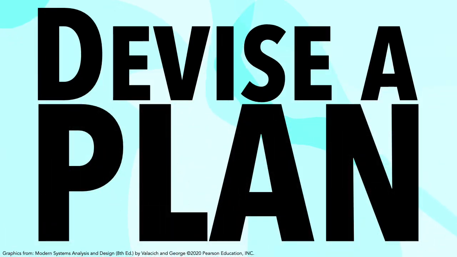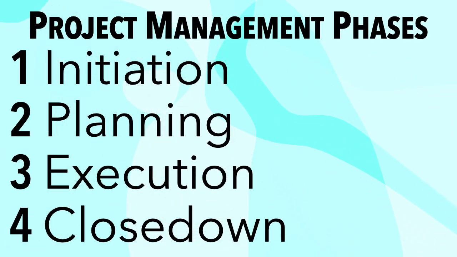Project management, broadly speaking, whether that's in information system development or in any sort of project a business is undergoing, has four main phases: initiation, planning, execution, and close down. Initiation is the preliminary stuff, and we experienced that when we were looking at preliminary fact finding.